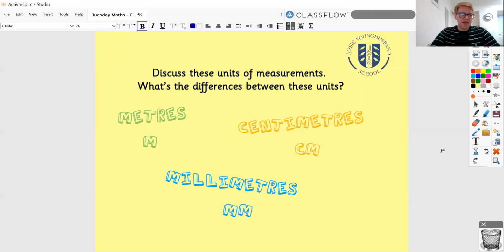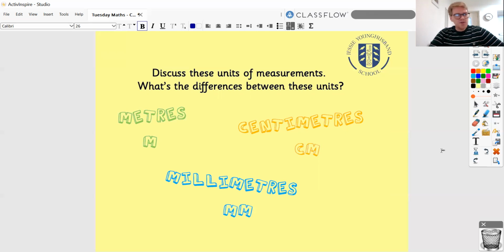They're quite small things. Now, millimeters are even smaller still. So millimeters are really, really tiny. I'll zoom right in. Millimeters are very, very small. Tiny, tiny things. And so when we're talking about millimeters, we'd really only use that when we're talking about very tiny objects. Maybe a grain of rice we might well measure in millimeters if we're being really accurate.